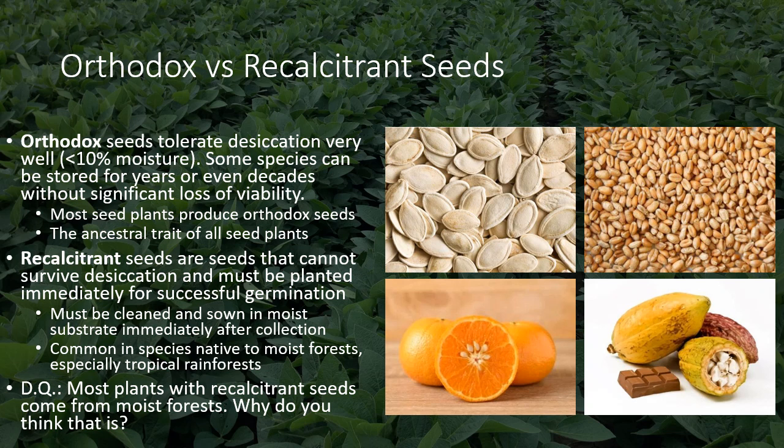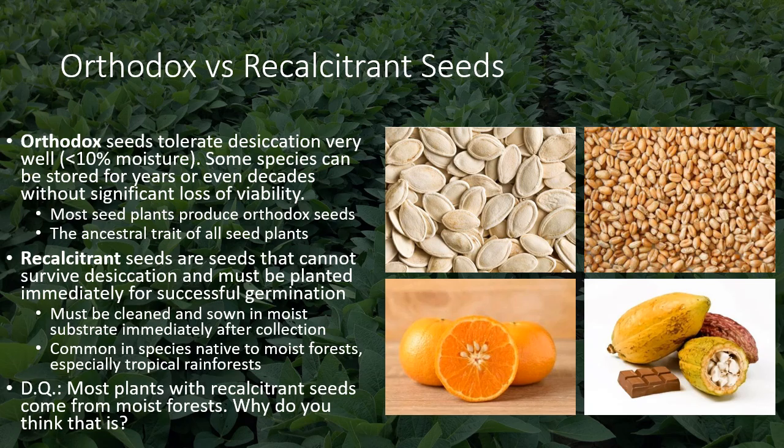I provided two examples of orthodox seeds in the top two images on this slide. Squash seeds and wheat are both examples of orthodox seeds. You can collect those seeds, dry them out, put them in a fridge at 35 to 45 degrees Fahrenheit and 40% relative humidity, and you can keep them for years and years and years. I've germinated squash seeds that were 20 years old with no problems before.